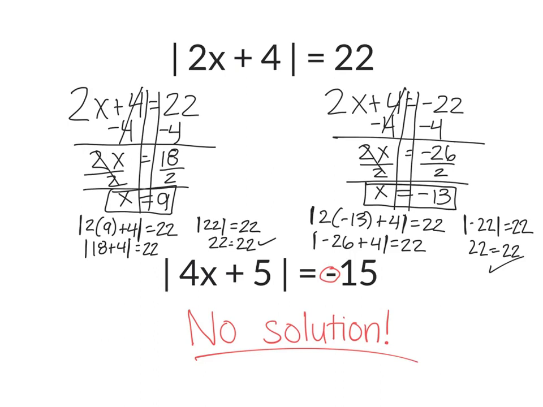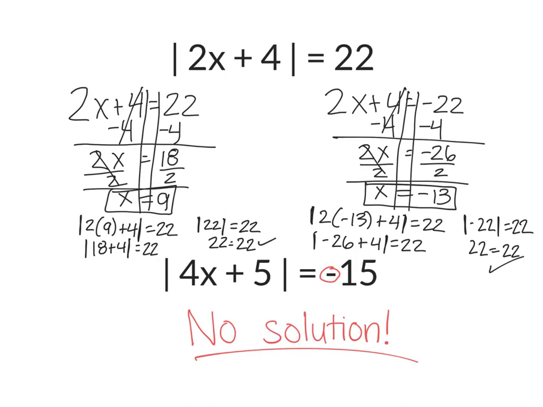Okay, so here's what your work should have looked like for these 2 problems. For the first one, we take the inside of the absolute value, 2x plus 4, and make it equal to 22. Then we solve and get that x equals 9. Then I double checked my work by substituting 9 for x in the equation. I went through and solved, and yep, 22 equals 22, so I know that one is correct.